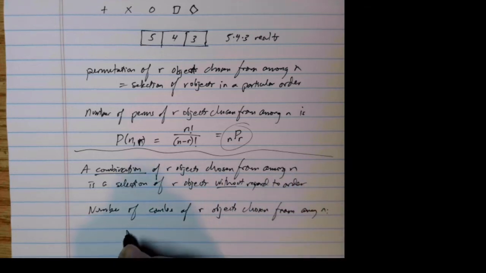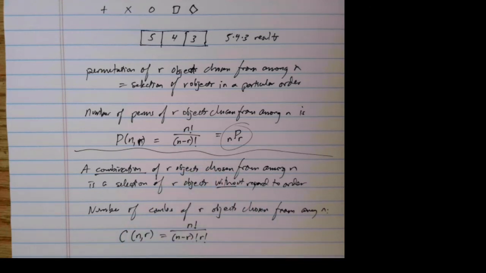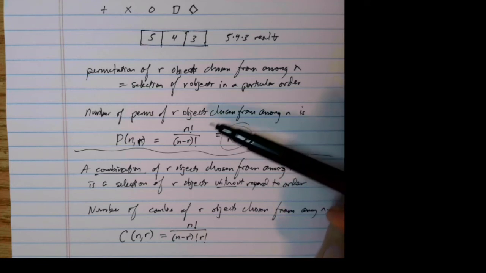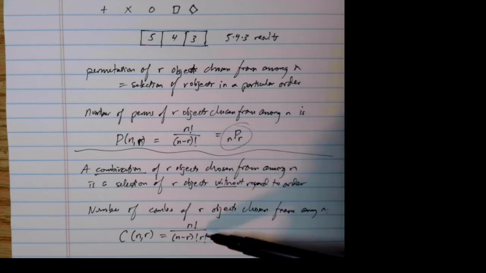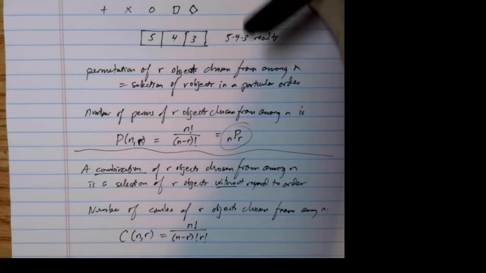That is denoted C of n, r, and the formula for it is n factorial over n minus r factorial times r factorial. It looks a lot like the formula for P of n and r, except there's this extra factor down in the denominator here, r factorial. Okay, let me do a quick example of such a thing.